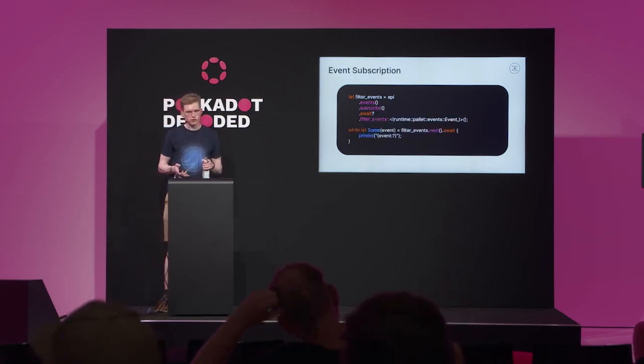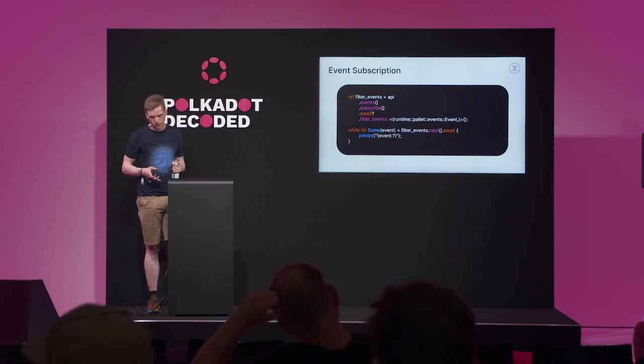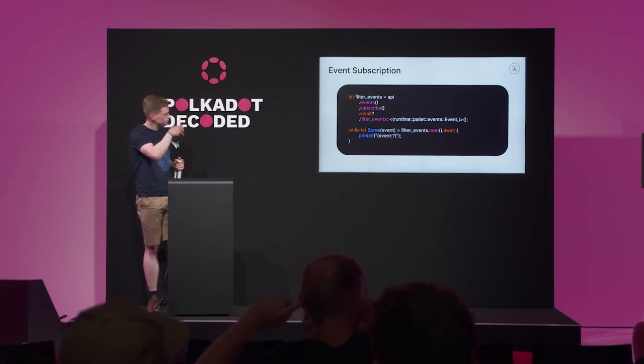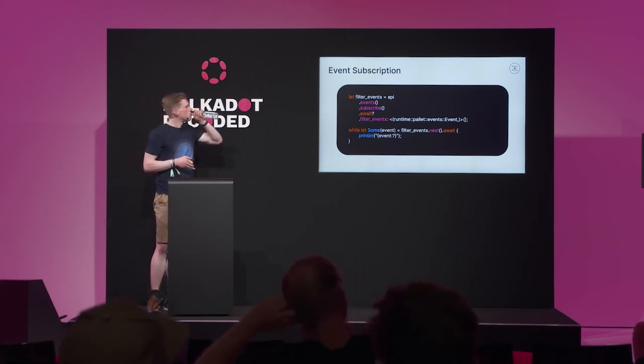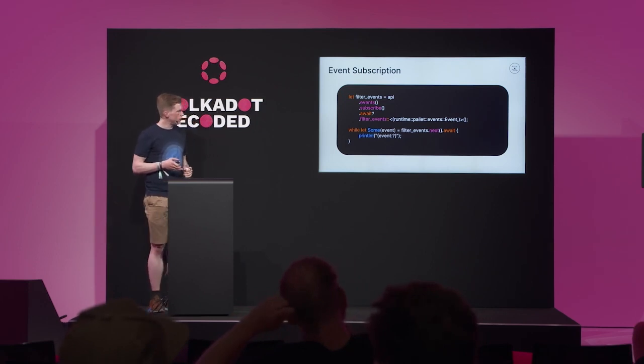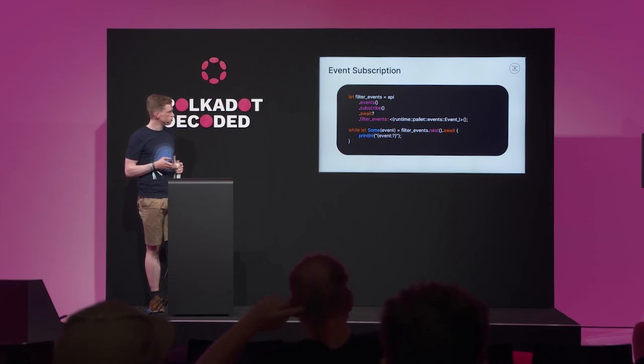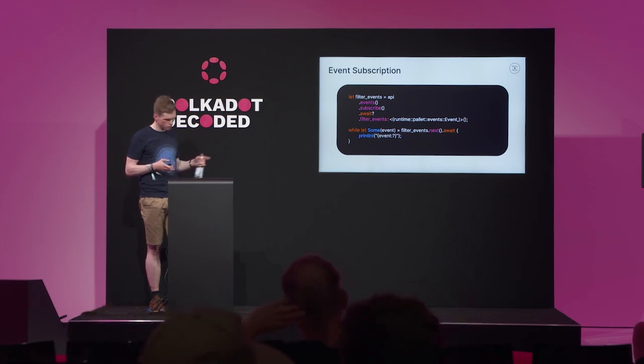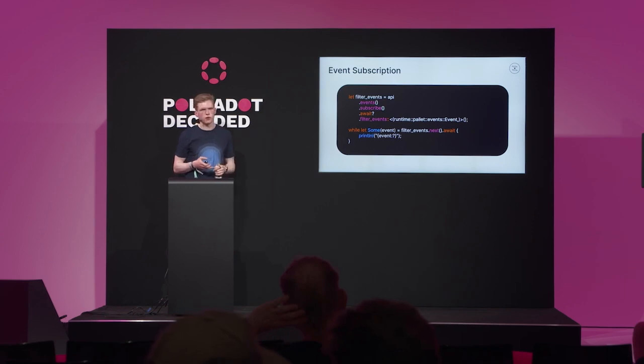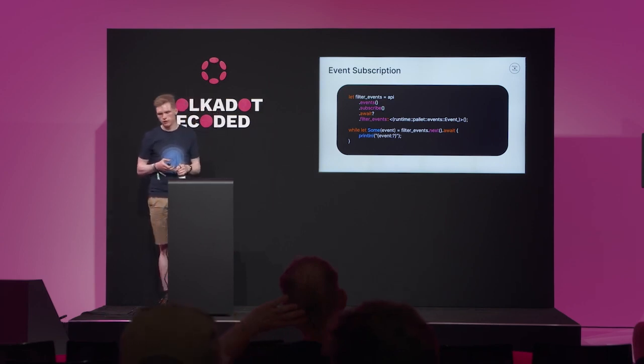Event subscriptions are more interesting things for downstream development. We can subscribe to one or multiple events. In this case, we're subscribing to this runtime pallet events event. So for a single event, each poll of the subscription here will print that event. It's worth noting that subscribe here is also subscribing to the latest blocks, non-finalized.